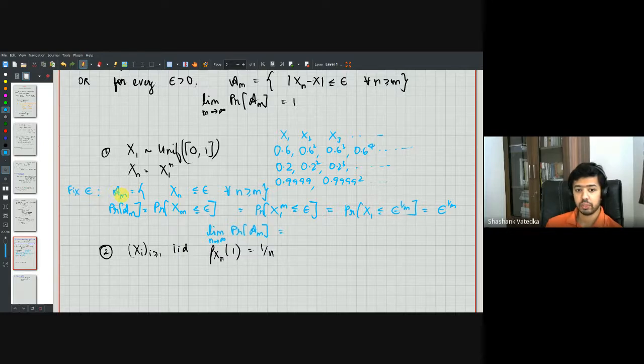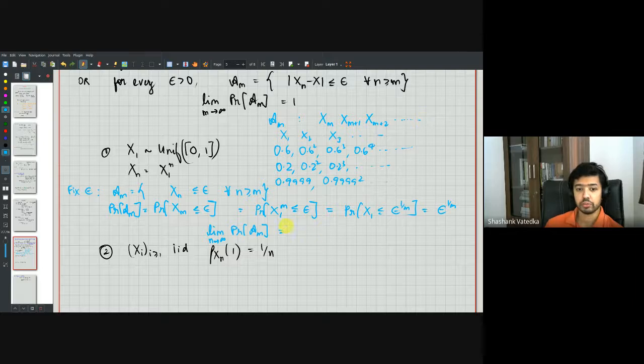And this event AM is defined for every M. So it is A subscript M, and that is the event that all the xn's from M onwards, so basically AM corresponds to events on xm, xm plus 1, xm plus 2, and so on.